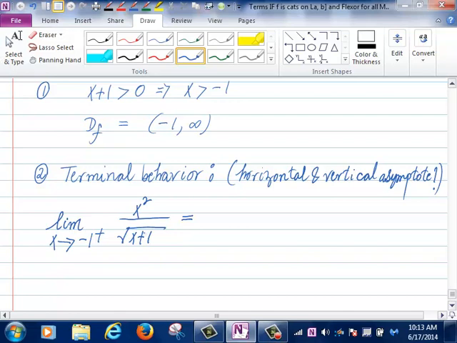You have to remember what I said about this type of limits. Okay? What is this limit? As x goes to -1, what is happening to x squared? X close to -1, x squared is close to +1, right? And when x is close to -1, the denominator is close to 0.